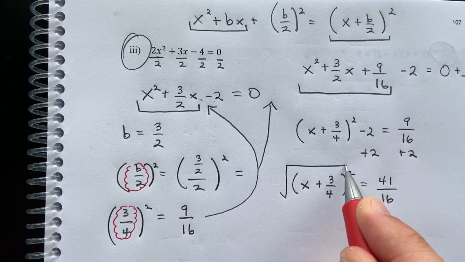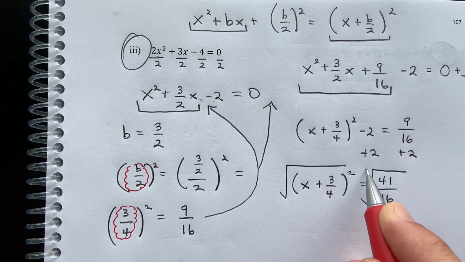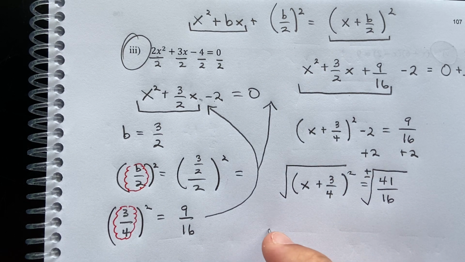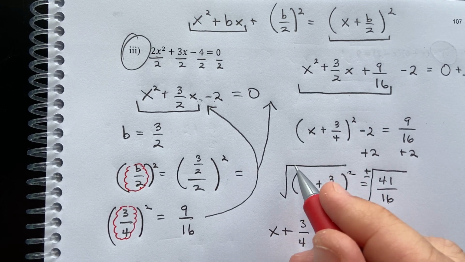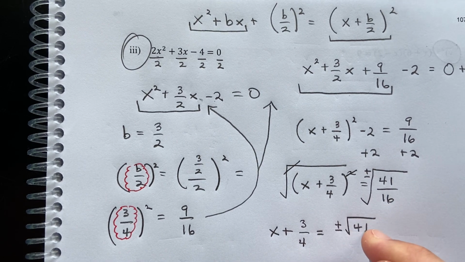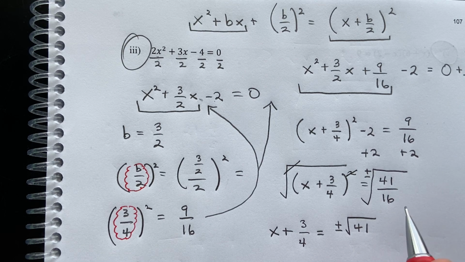Square root, plus and minus. Don't forget about that. X plus 3/4, right? This cancellation occurs, equals plus and minus the square root of 41. No simplification happens there, but the square root of 16 is just simply 4.